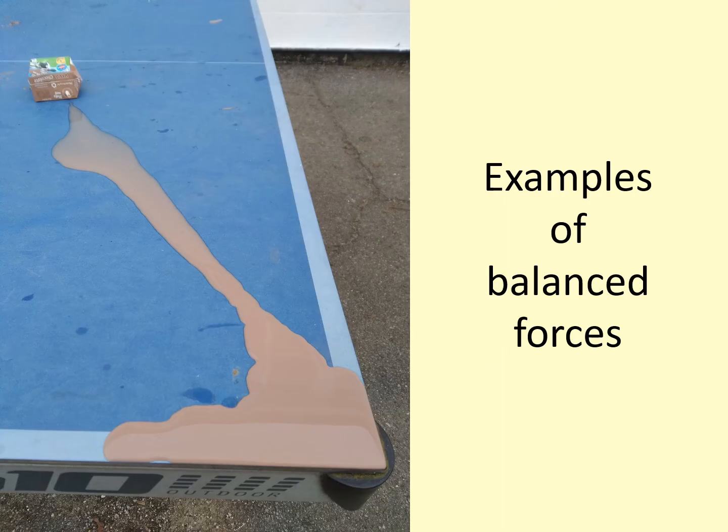Here are some examples of balanced forces. We've got some chocolate milk that's spread over one of the ping pong tables out near the cafeteria, and it's got to the edge and stopped moving because the surface tension of the chocolate milk is exactly balanced with gravity and it's not going anywhere.